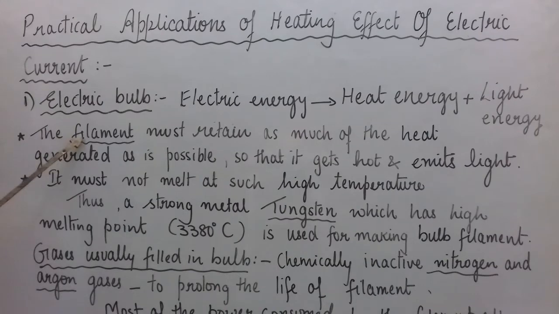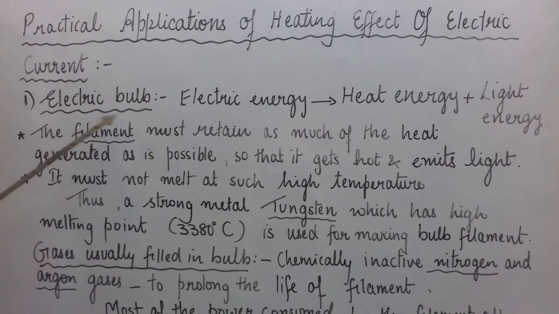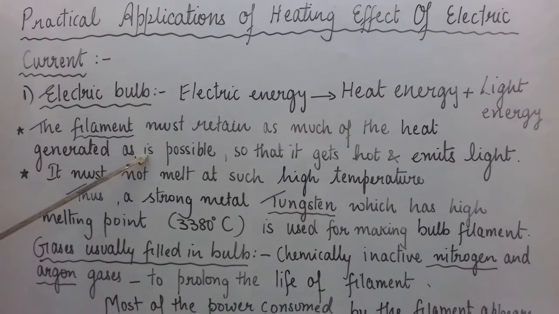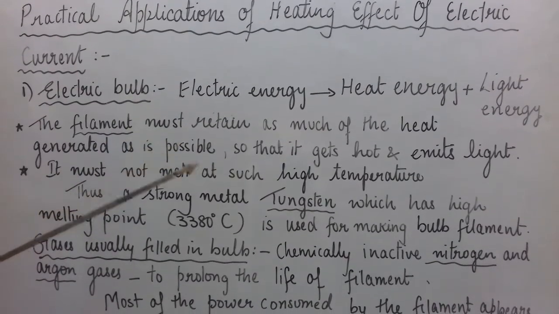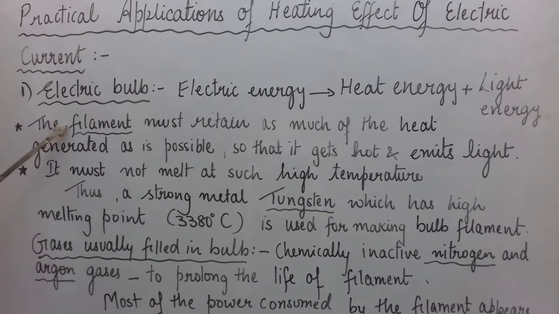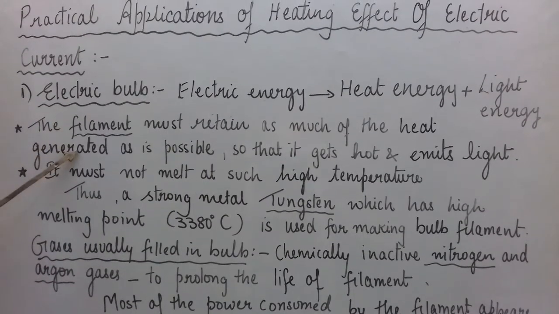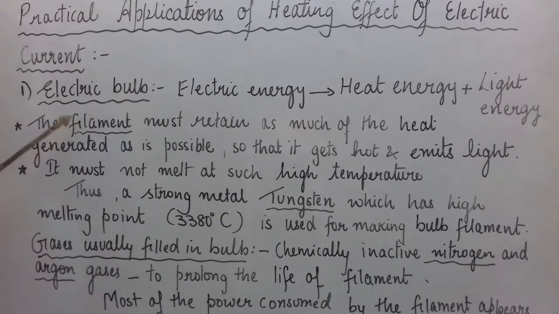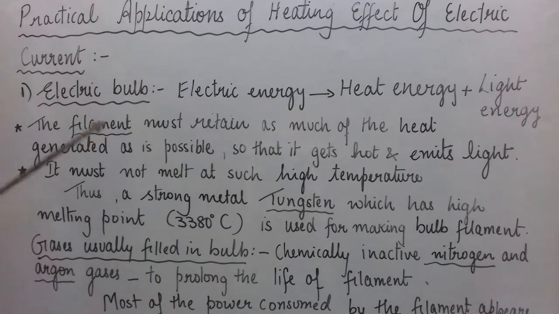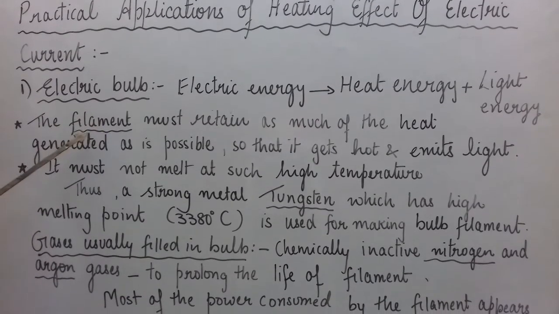Here, the filament which is used in the bulb must retain as much of the heat generated as is possible, so that it gets hot and emits light. It should retain whatever heat is generated so that its temperature increases, it gets very hot, and then it emits light.